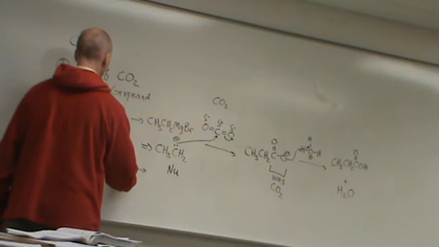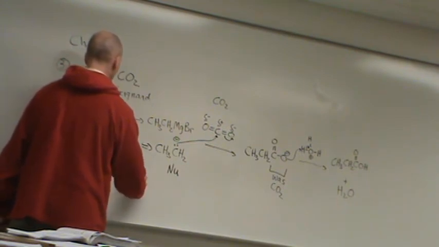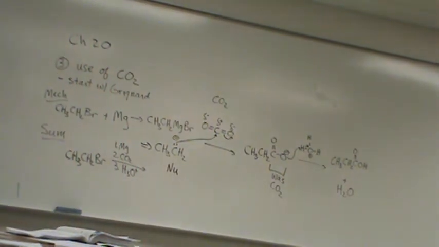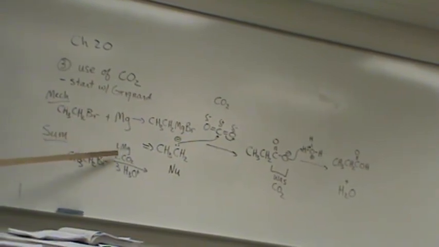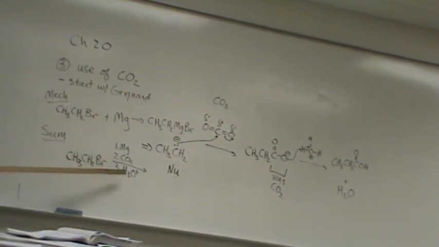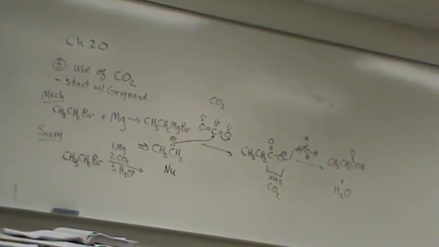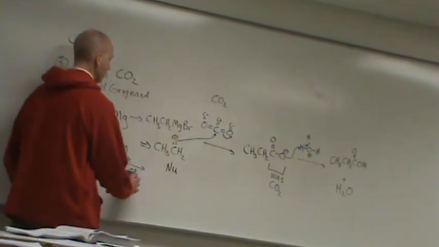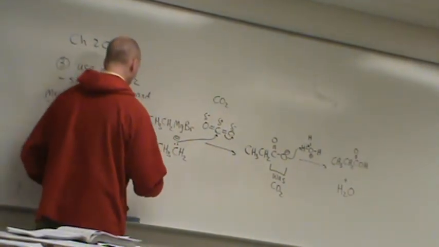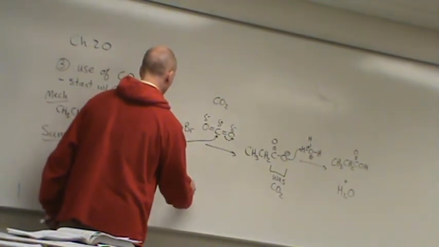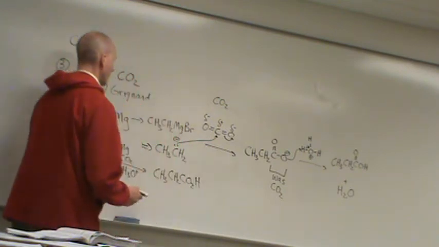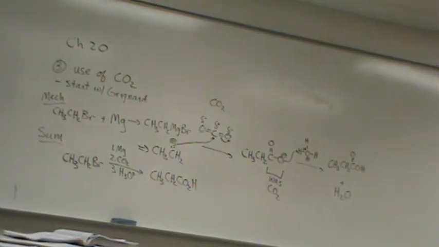And we basically did what? 3 steps. First of all, reacted with magnesium, then carbon dioxide, and then protonated with H3O+. And that gave you the carboxylic acid.